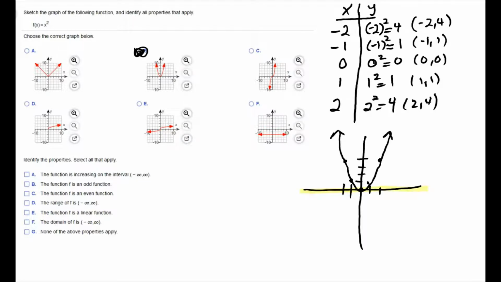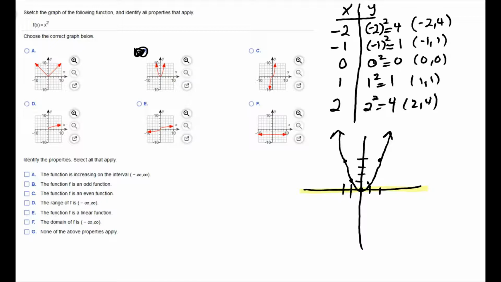So this first statement is saying that the function is increasing everywhere. If I take a look at my graph going from left to right, I have some decreasing on this side and increasing on this side. So this is not a choice we want to select. The function is not increasing from -infinity to infinity.